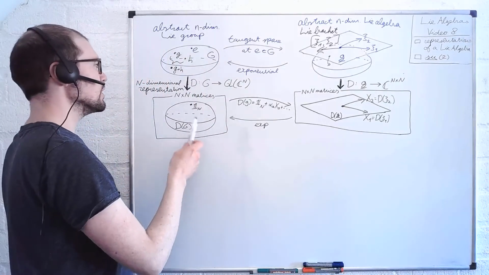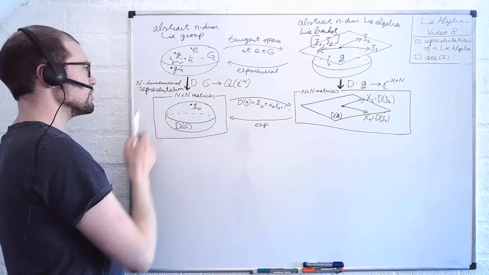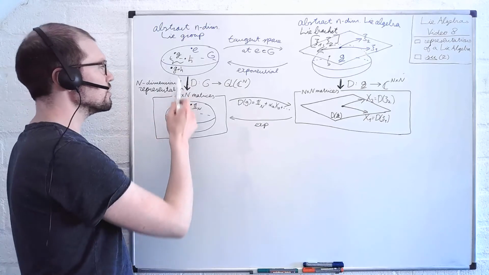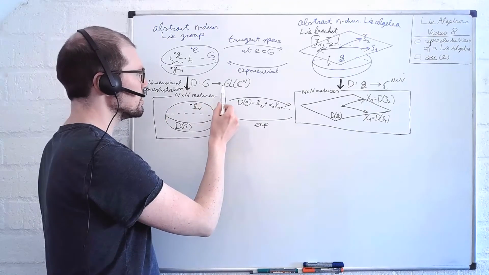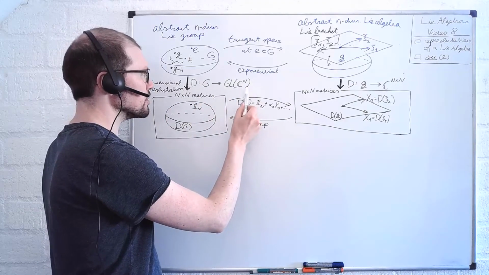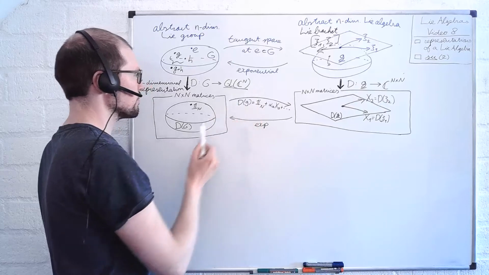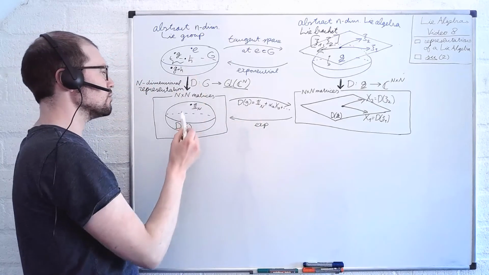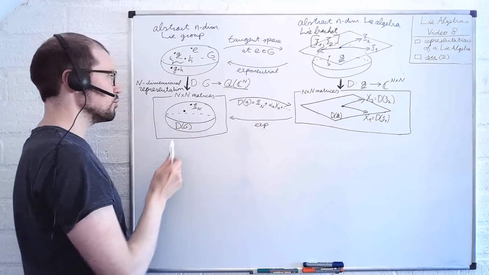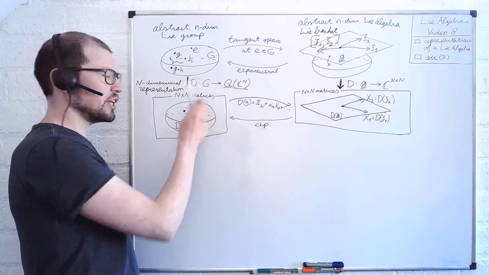So recall, a capital N-dimensional representation of a Lie group, so that's really a mapping from your set G to the set of all invertible n by n matrices. So we're assigning to each group element some point in the space of all n by n matrices.